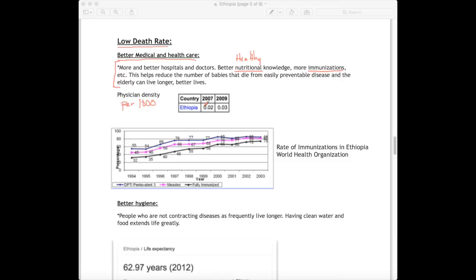So Ethiopia in 2007 and 2009, the physician density is 0.02 doctors per 1,000 people. Later you can look this up for Hong Kong, but this is a very, very small number, so there are very few doctors. So what is this really going to mean?